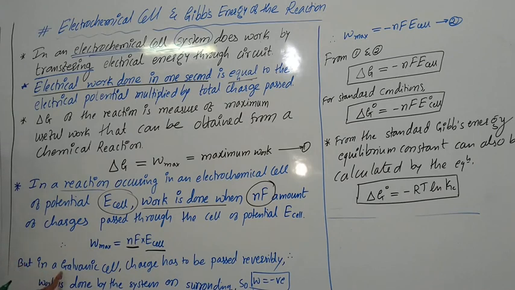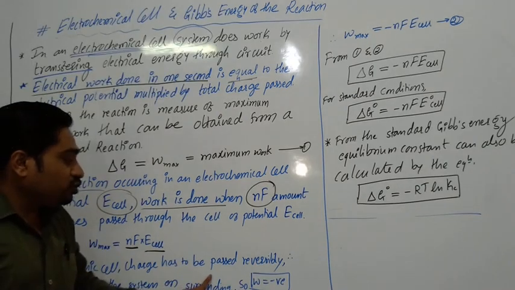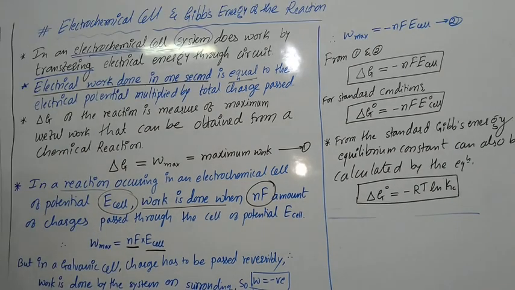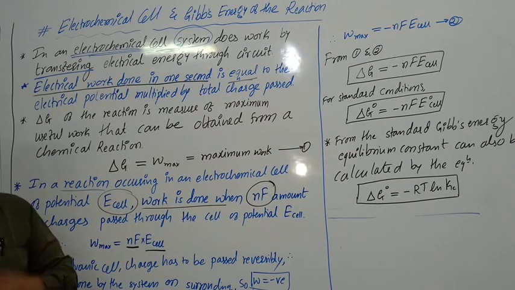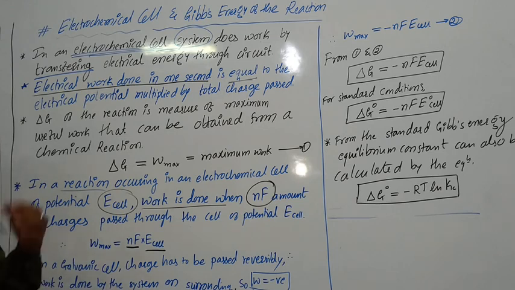But in our galvanic cell, what happens? The electric charge has to be passed reversibly. Here in our galvanic cell, work is done by the system on the surroundings.